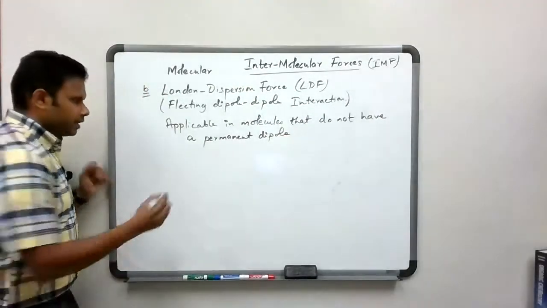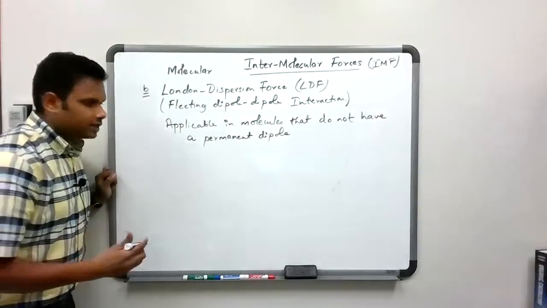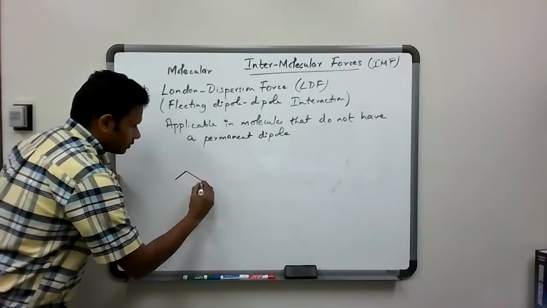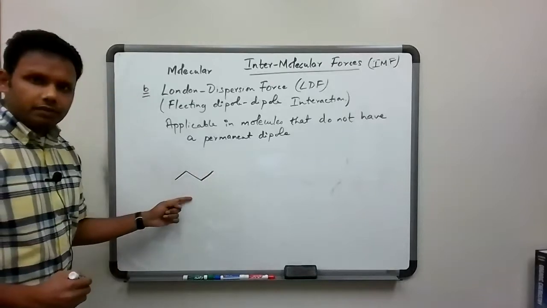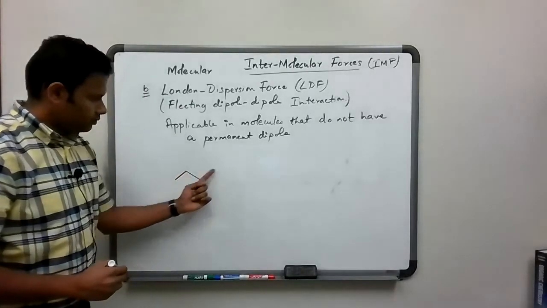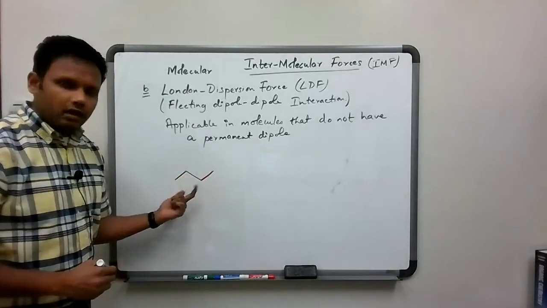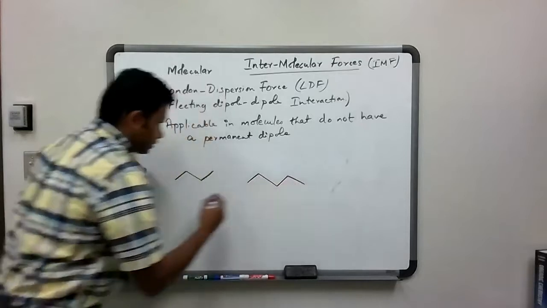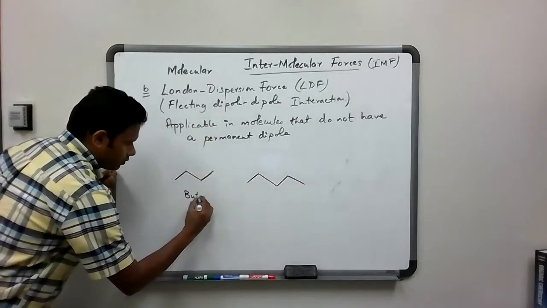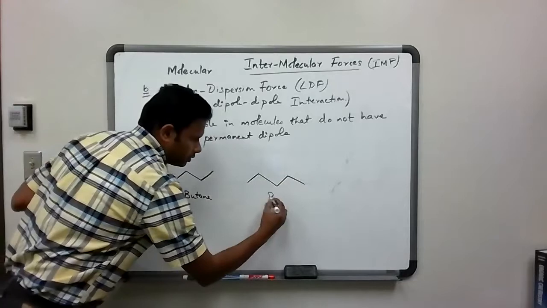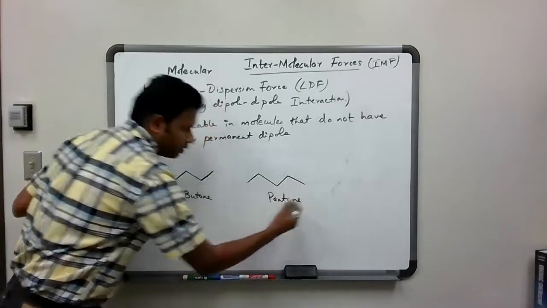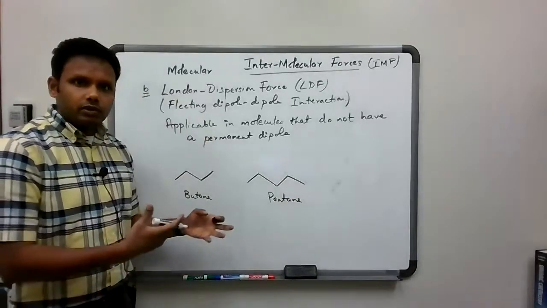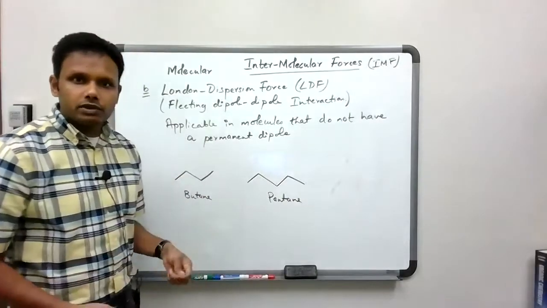So an example or a set of examples here could be butane, okay, 1, 2, 3, 4 carbon molecule. This is called butane. This is pentane. And again, you do not have to memorize the names. At this point, we're going to learn how to name these molecules in chapter 4.